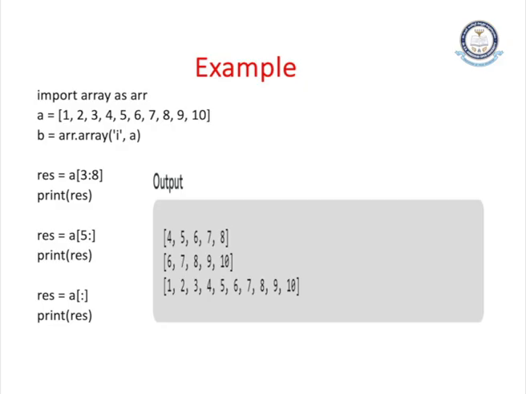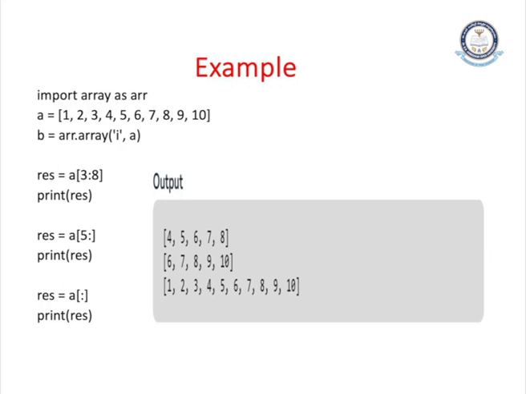See, this is the example program. Array is a package, so arr is the alias name. I am taking a variable named a as an array. In that I am filling the 10 values 1, 2, 3, 4, 5, 6, 7, 8, 9, 10. Again I am assigning the array a to b.